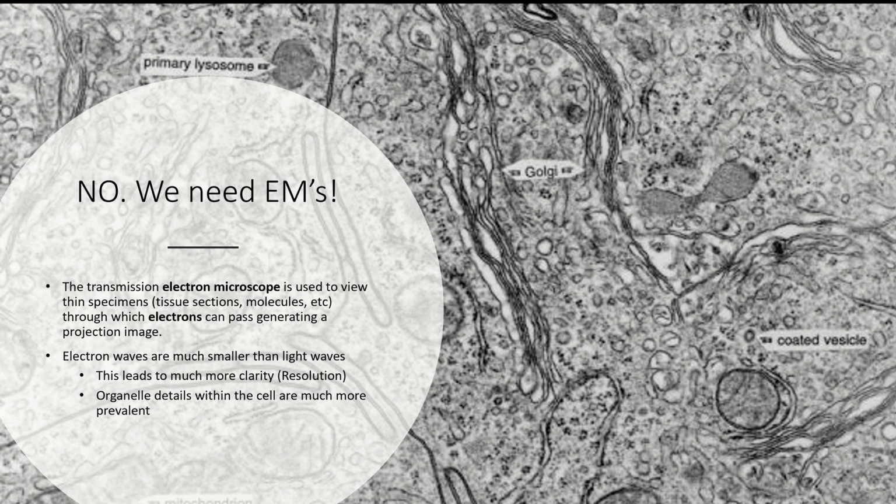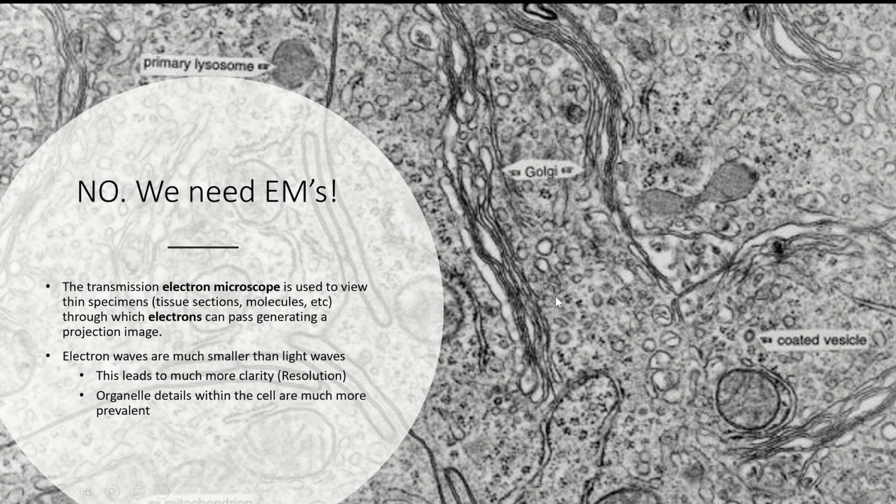In light microscopy, we're using light as the source to differentiate between this point and this point, this point and this point, right? But while light waves are small, they are not as small as electrons, right? The frequency of electrons is a lot higher than the frequency of light.